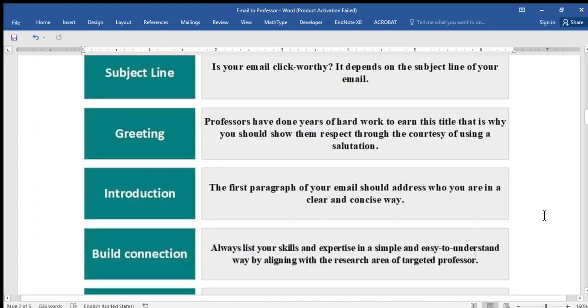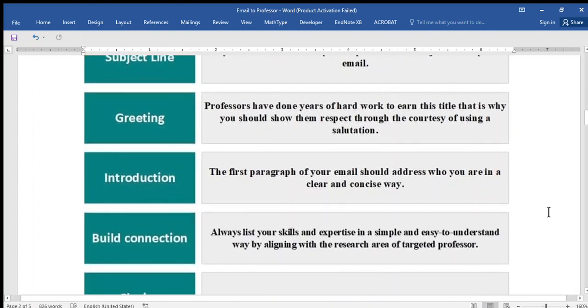The second paragraph will be building a connection between your previous degree, your experience or your skills, and the professor's research area. You can write that you have done some research project, or you have some experience in this and you are using these softwares, or maybe you know how to handle these equipments, and then you can write what you have done with these softwares or skills in your previous degree, or you have done a final year project which is research based, or you can mention other skills which are directly related to the research area which the professor is working in.